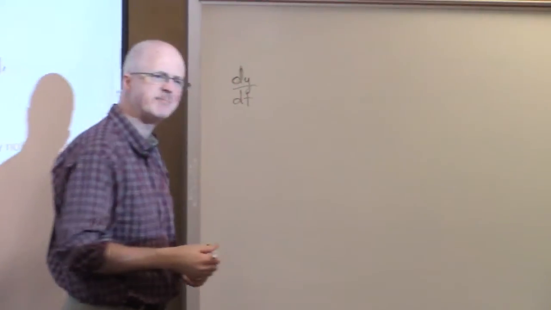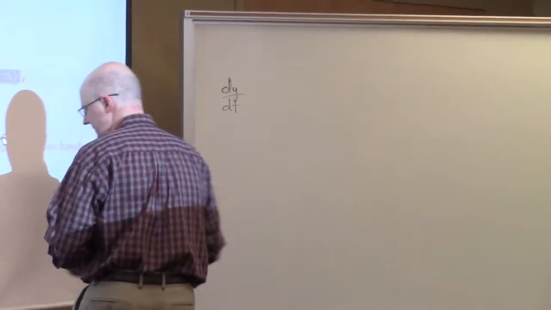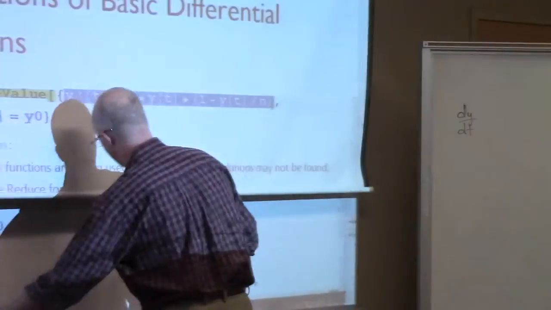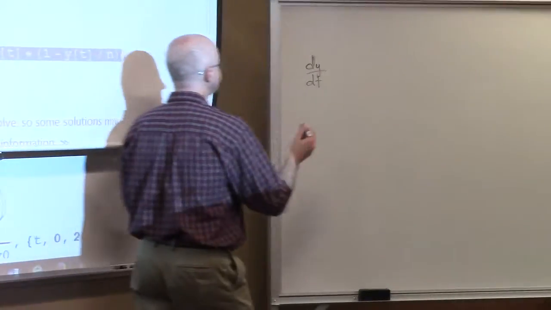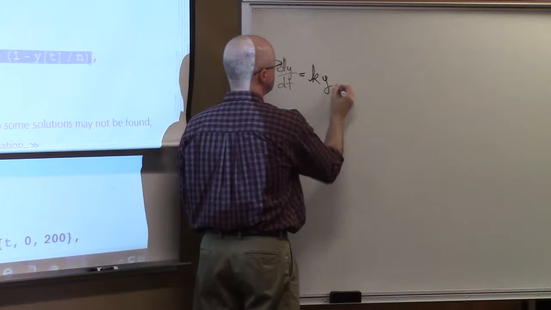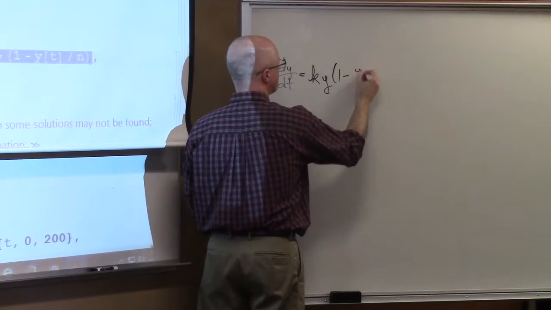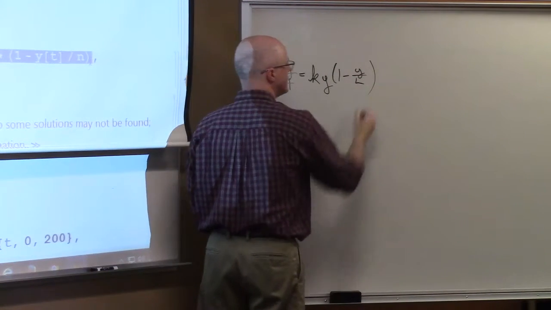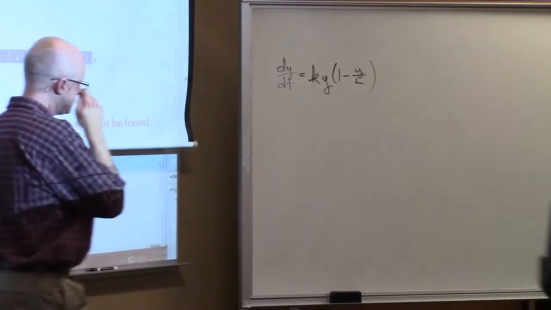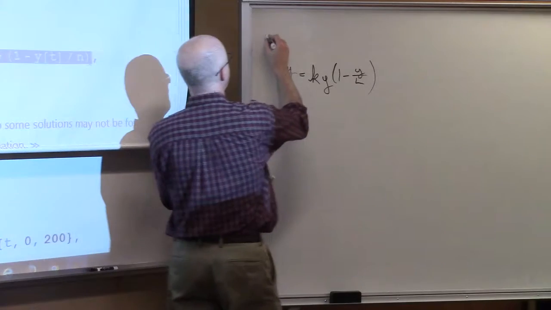I think the book uses p as the dependent variable for population, but we will try using y, equals some constant k times y times 1 minus y over another constant, capital L, is what we will use here today, like the book does. This is called the logistic model of population growth.